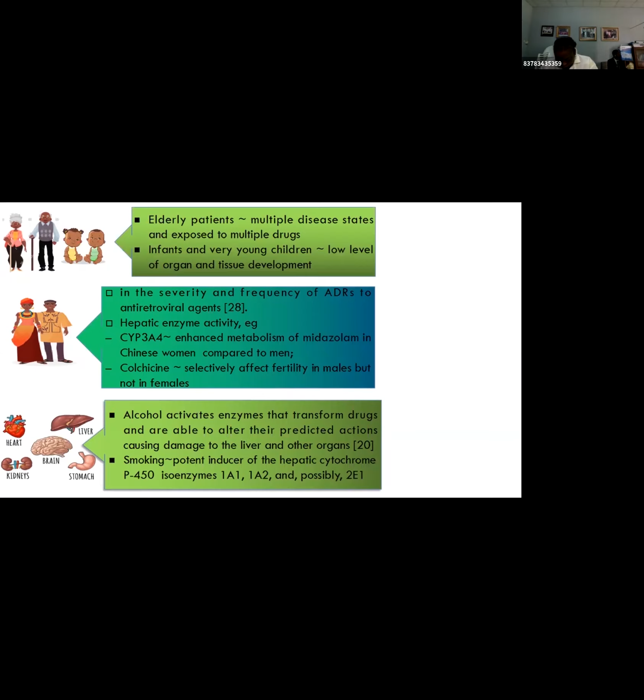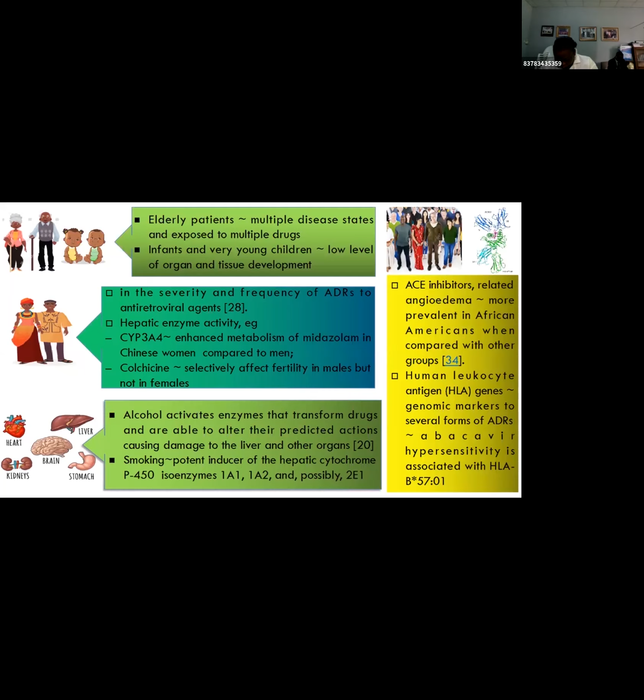Smoking is a potent inducer of the liver enzymes, that's the hepatic cytochrome P450 isoenzymes 1A1, 1A2, and possibly 2E1. And we all know what potent induction of hepatic cytochrome enzymes will cause. It leads to faster metabolism and eventually drug treatment failure.